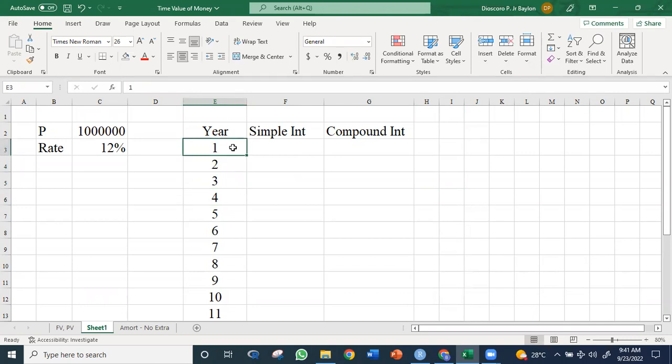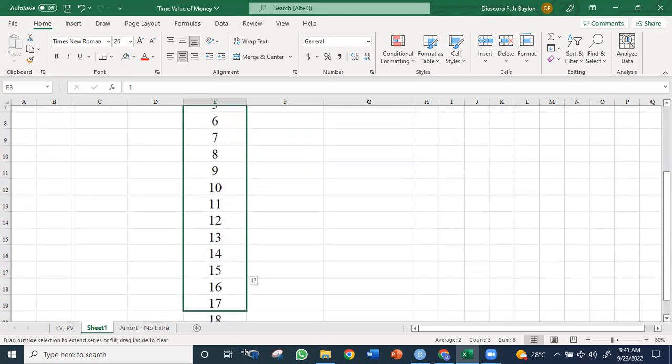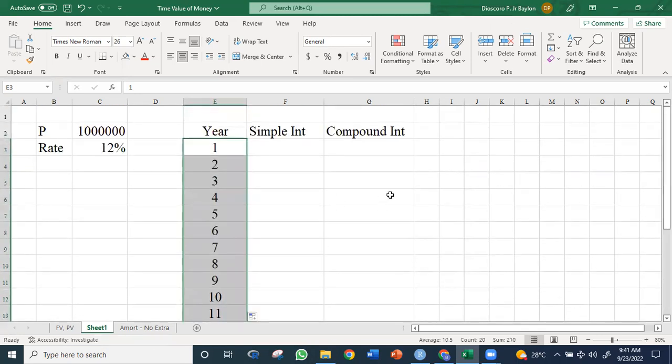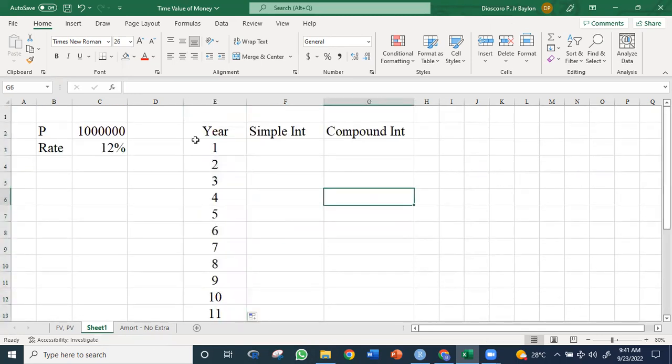Just establish the pattern, and then highlight 1, 2, 3 and hover over it until you see the crosshair at the lower right. Then just drag it until you get to 20. Got it? Thanks.